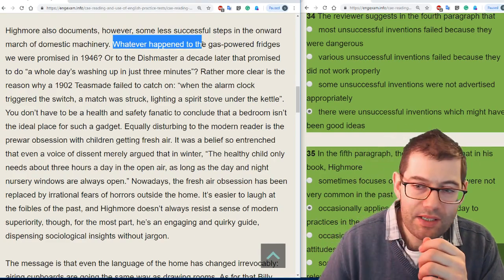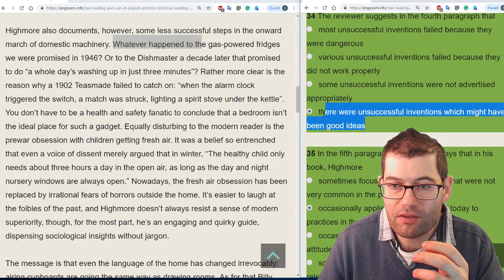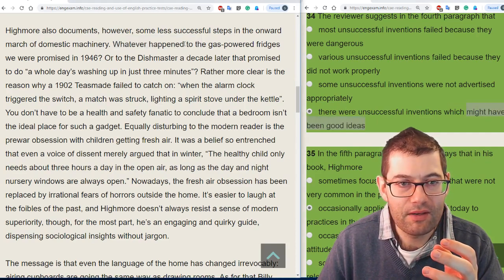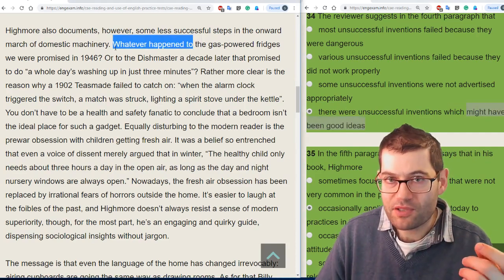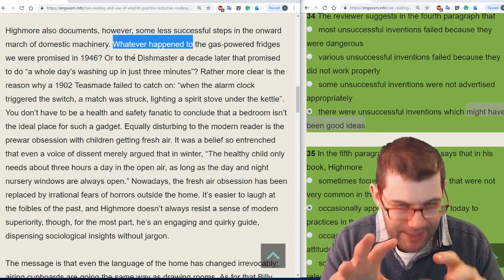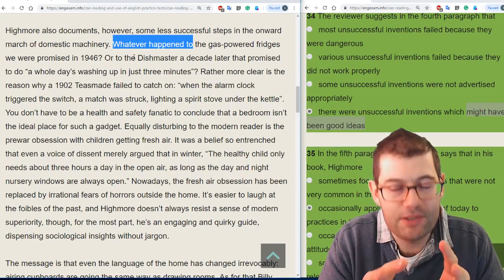And that points us towards D, which is our correct answer, which might have been good ideas. And it's this might have been good ideas which links to this opening, whatever happened to. I know what you're thinking, yes, and I agree with you. It's a bit of a tenuous link.